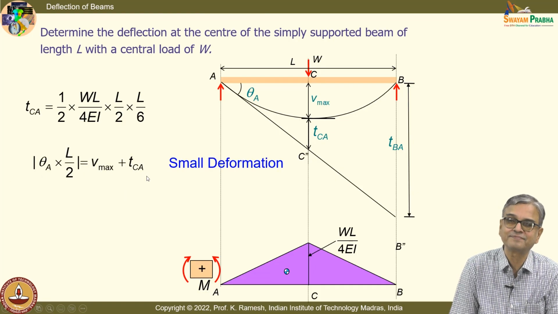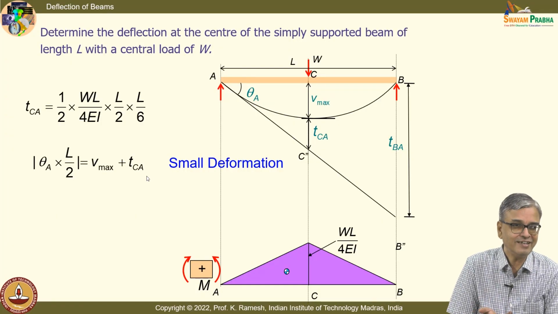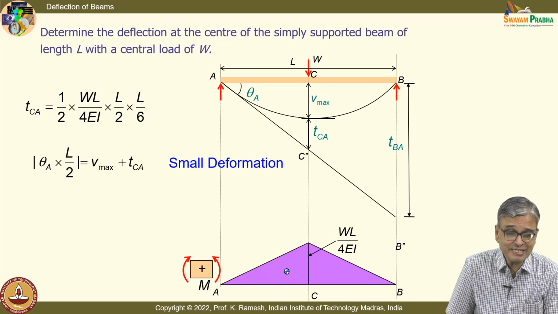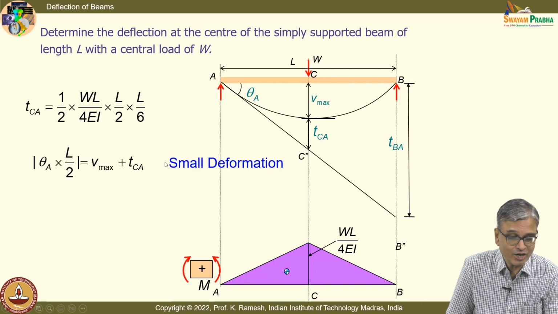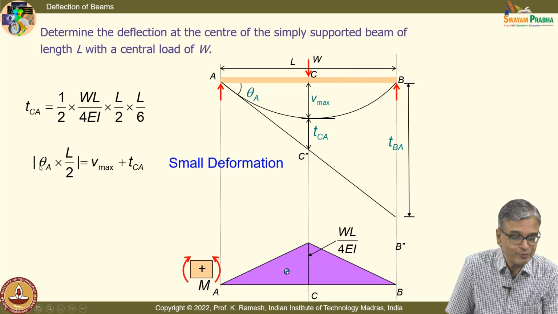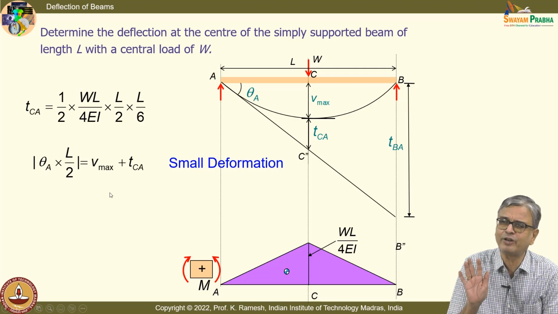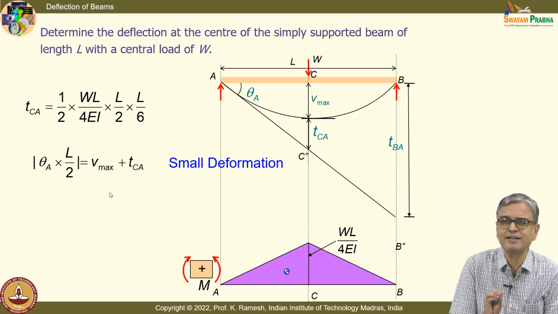Can I write that? That you can write, isn't it? The diagram is deceptive. But if you agree that we are discussing a small deformation, I am permitted to write this, and I have also shown that I am going to only worry about the modulus. I am going to worry only about the value. That is the best way to handle the moment area method.